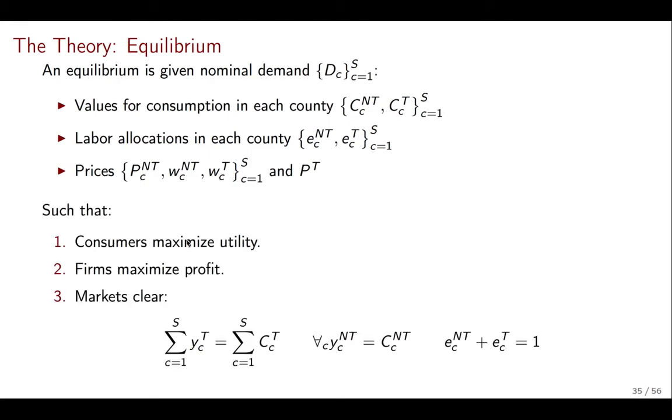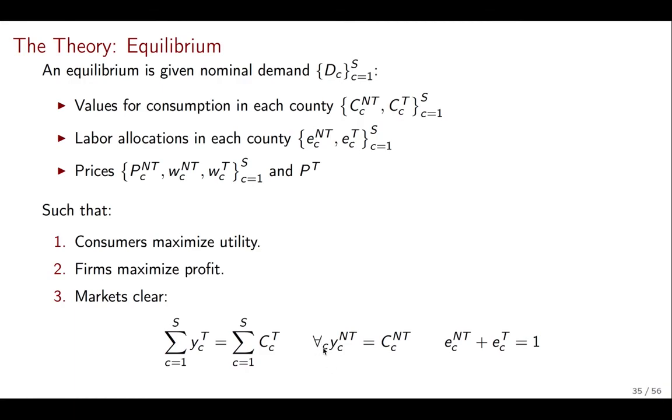such that consumers maximize utility, and the outcome of them maximizing utility is going to be this proportion of demand allocated to expenditures in tradable and non-tradable sector. Firms maximize their profit, and markets have to clear. So the total consumption of tradables has to be equal to the total demand for tradables.